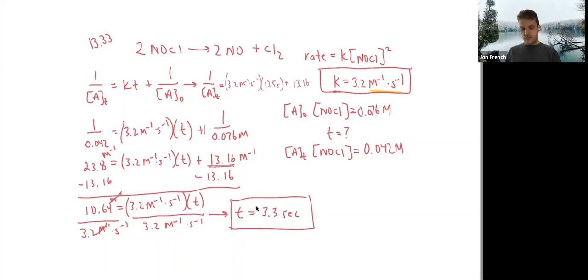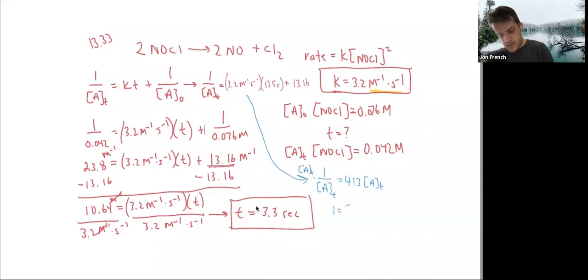So 3.2 times 125 plus 13.16. I get 1 over my concentration at 125 seconds equals 413. So multiply both sides by concentration.